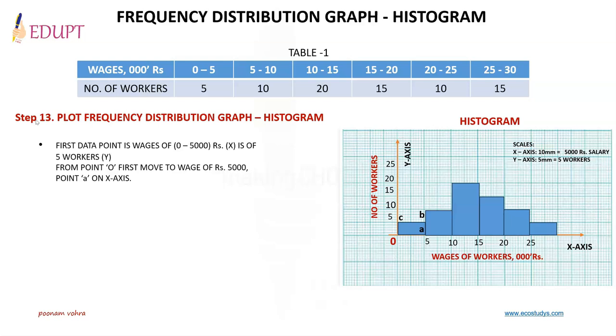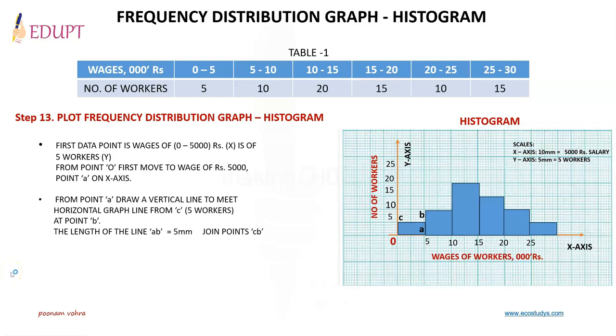Next is you need to plot the frequency distribution graph through a histogram. First data point of wages is 0 to 5,000 and 5 workers. So you get a point at B. From there you have a vertical line to meet the horizontal graph line C. So the length of AB is 5 mm.